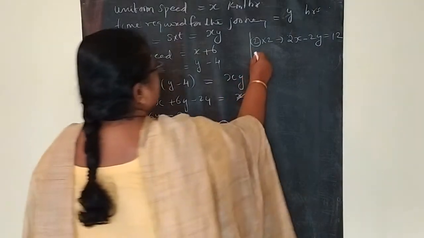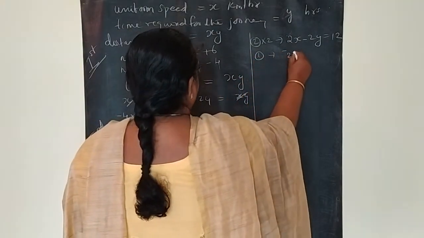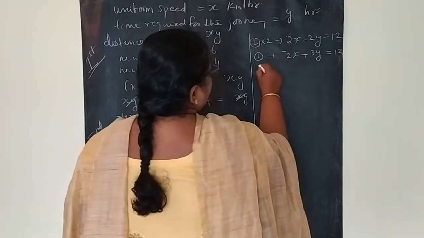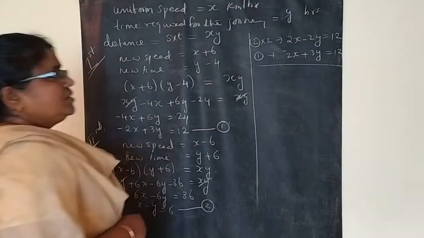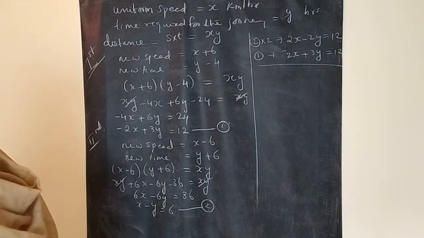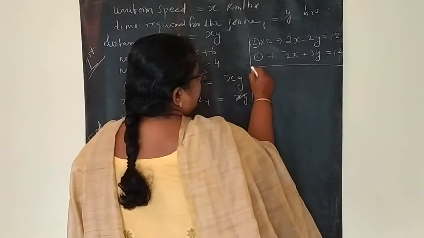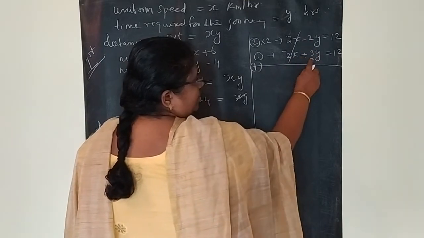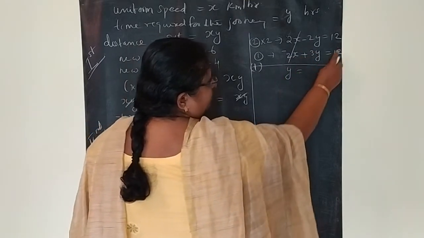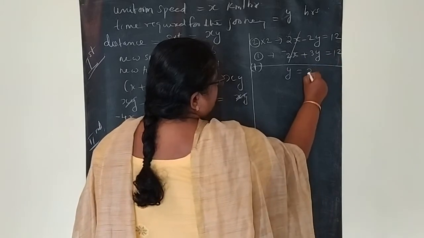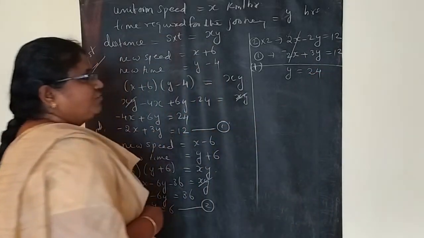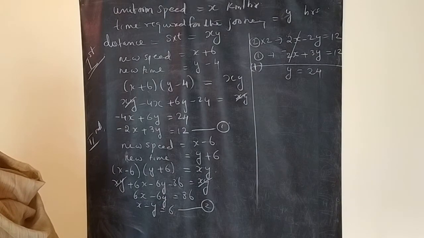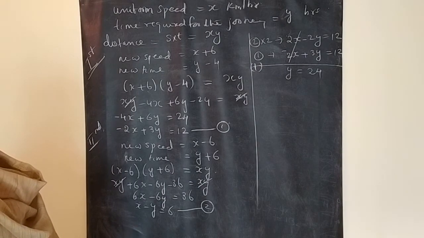And the first equation is minus 2x plus 3y is equal to 12. Here the x coefficients are equal but the signs are opposite, so we can add both. This will cancel. Minus 2y plus 3y is equal to y. 12 plus 12 is equal to 24. Okay, y is equal to 24.